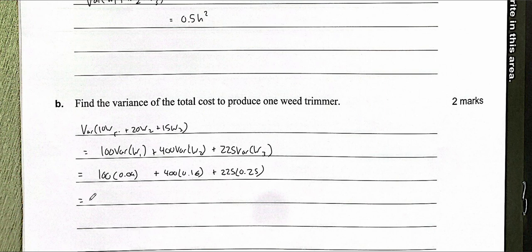So this one's going to be 9. This one's going to be 64, because 4 times 0.64 times 100 is 64.